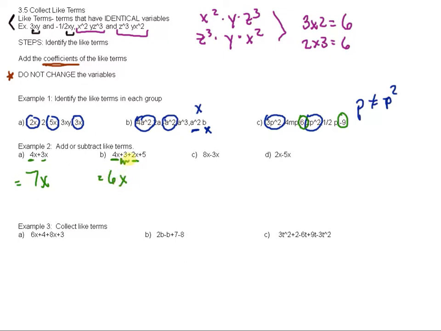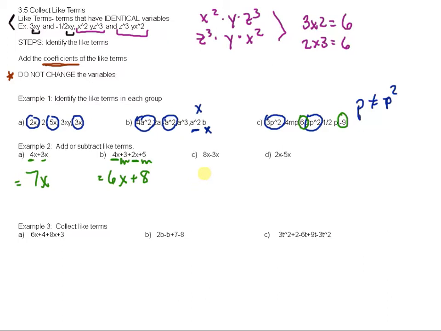And then we have a 3 and a 5, which equal 8. So in this one, we have two sets of like terms. And remember, if there's a variable such as the x, when we do 4x plus 2x, only add the coefficients.